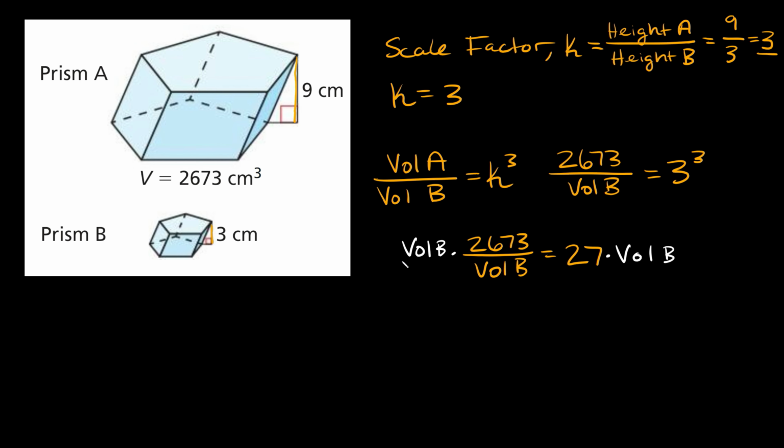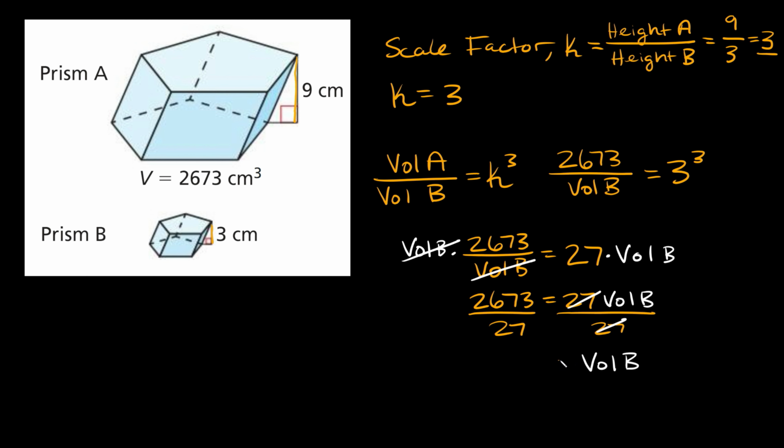All right, so then on this side, those volumes cancel out, and all we're left with is 2,673 is equal to 27 times the volume of prism B. Okay, now to solve for the volume of prism B, we need to get rid of this 27, and we can do that by dividing both sides by 27. So then on this side, those cancel out, and all we're left with is the volume of prism B, and that's equal to this, which is equal to 99 centimeters cubed.